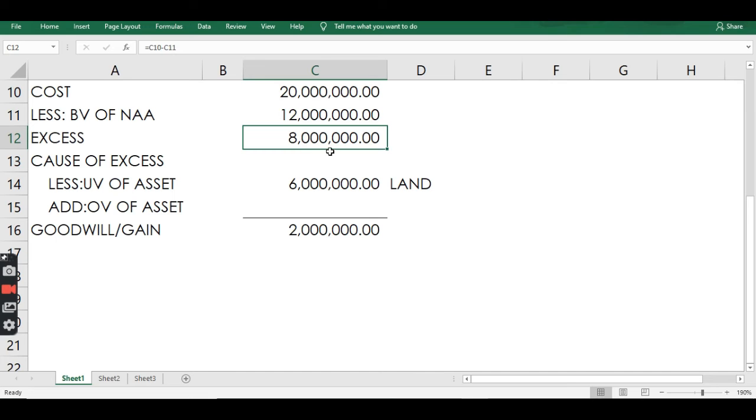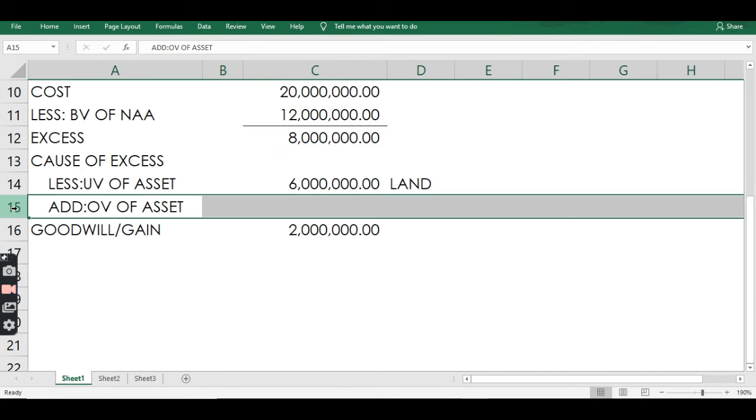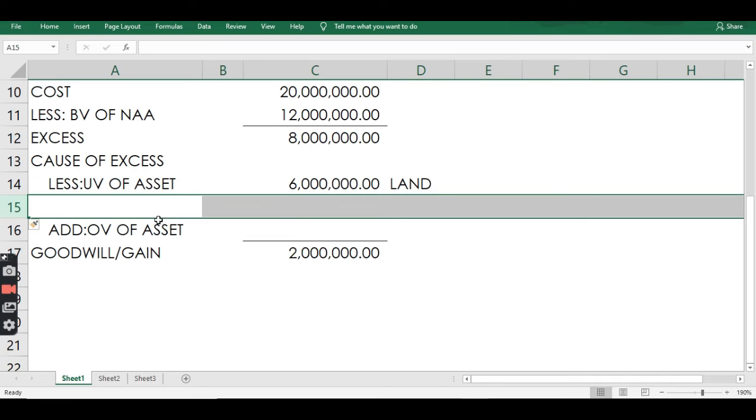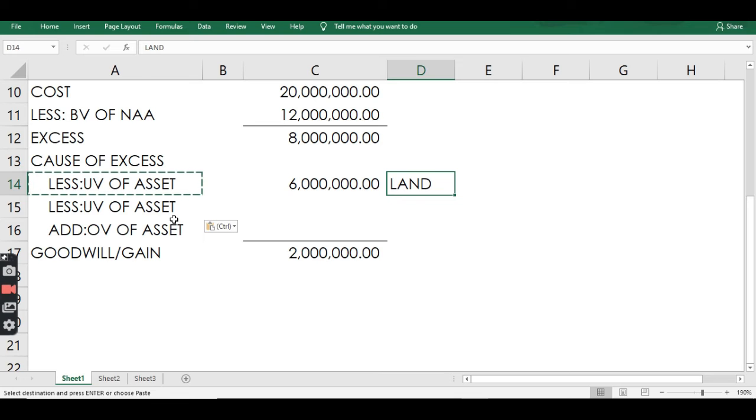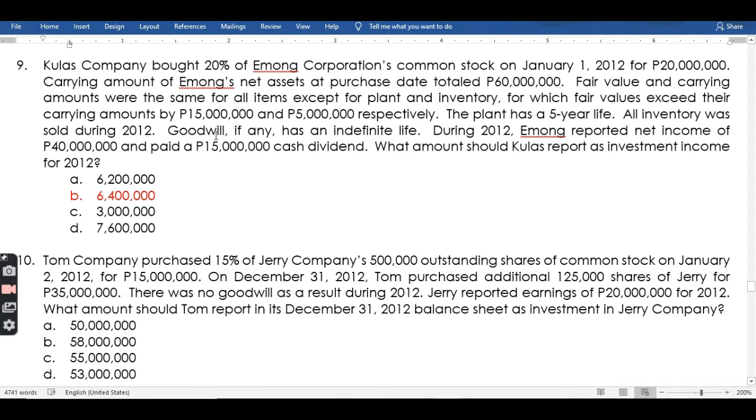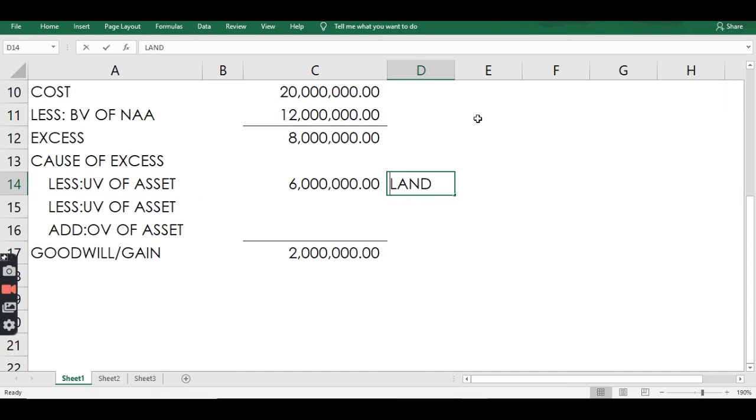May excess tayo na 8 million. Yung excess natin ngayon na yan, dalawa ang source niyan. Okay? So, yung unang asset na undervalued, anong sinabi doon? Undervalued yung plant asset at saka inventory. So, ilagay na lang natin dito PPE. Tapos, yung ito, inventory. Okay?